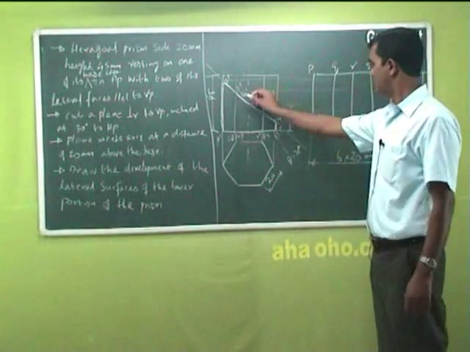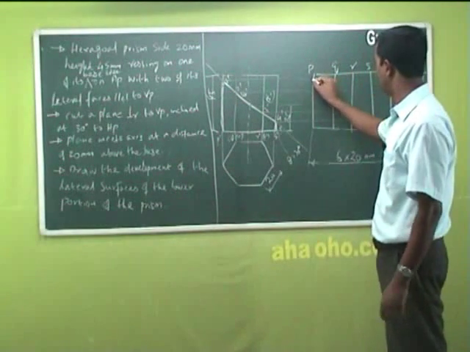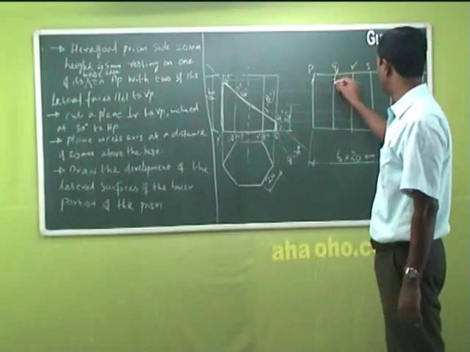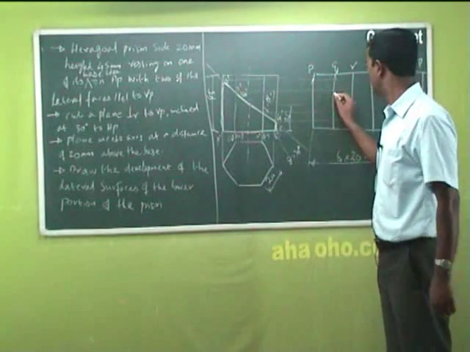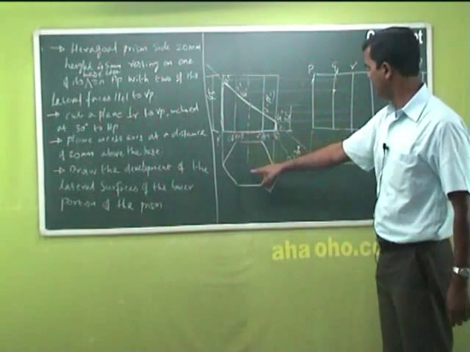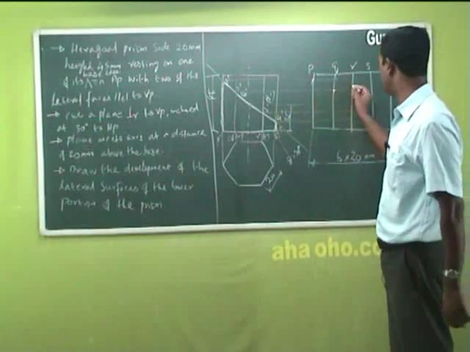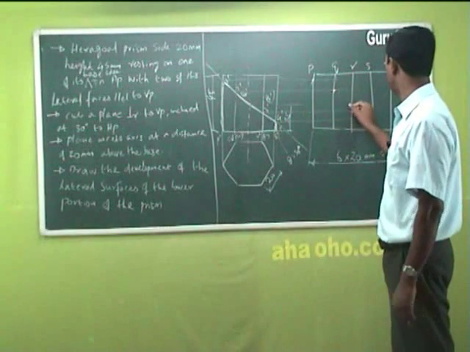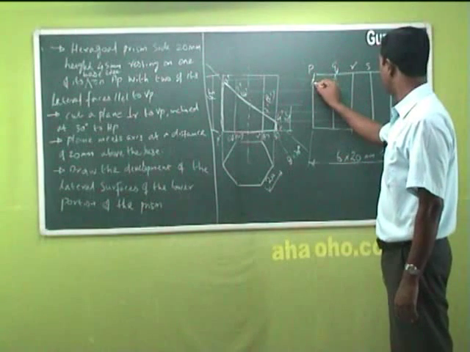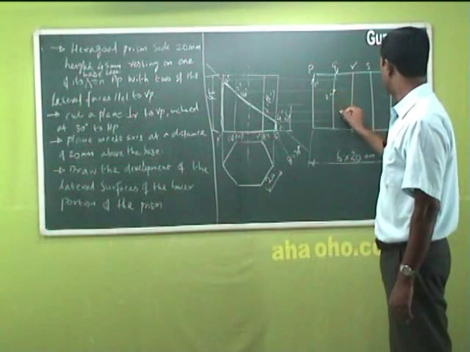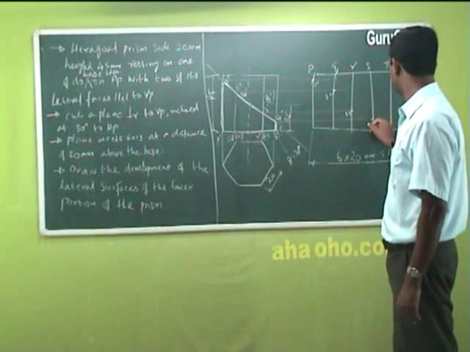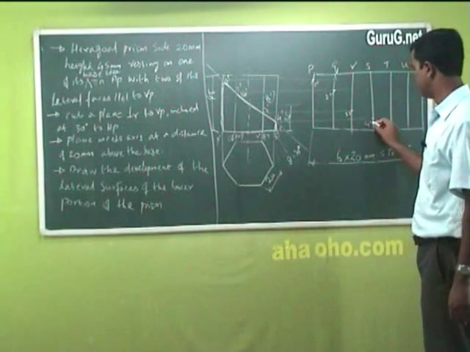Now, under P you get 1, the first point. Then Q comes 2. Where is 2? 2 is down here. Under R you have 3, point number 3. So this is under 3. I write 1 double dash, 2 double dash, 3 double dash, and 4 comes under S, 4 double dash.